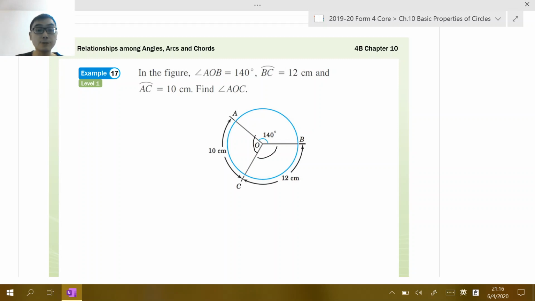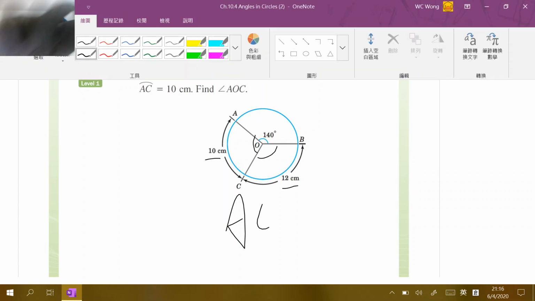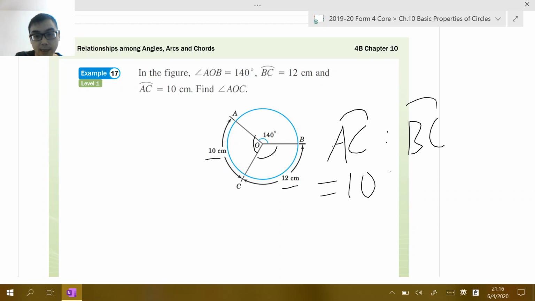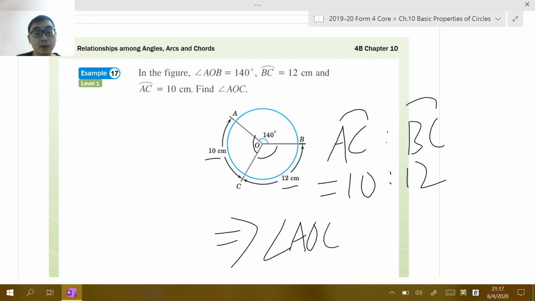So you can use the relation that arc AC and arc BC are given to be in the ratio 10 to 12. It means the angles AOC and BOC should have the same ratio 10 to 12.